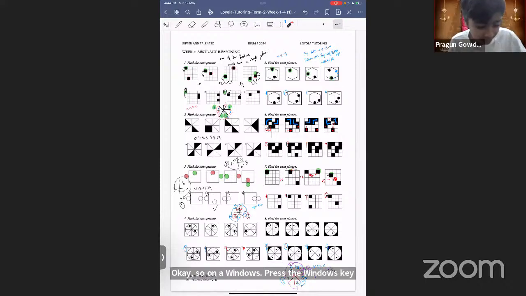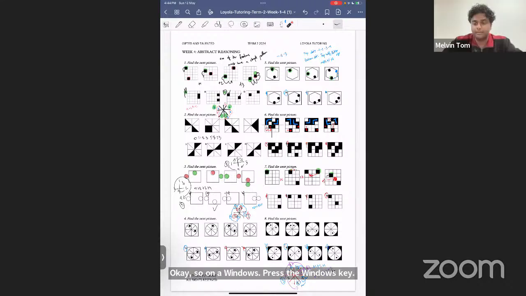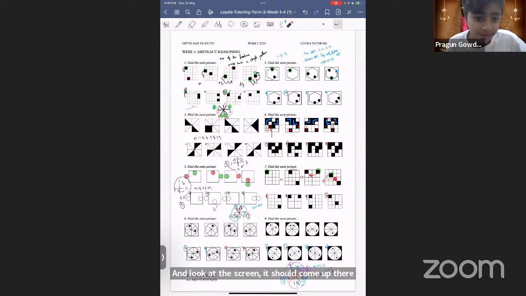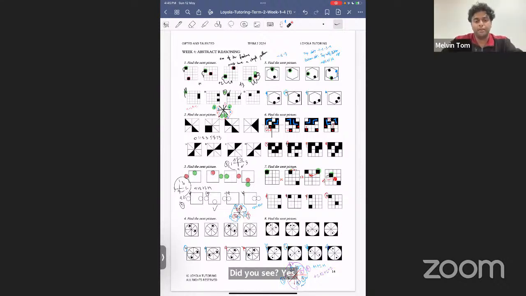Do you see how it shows up a search thing? Type in snipping tool, SNIPPING. And look at the screen, it should come up there. Did you see? Found it, so you click it and then you can go for it.